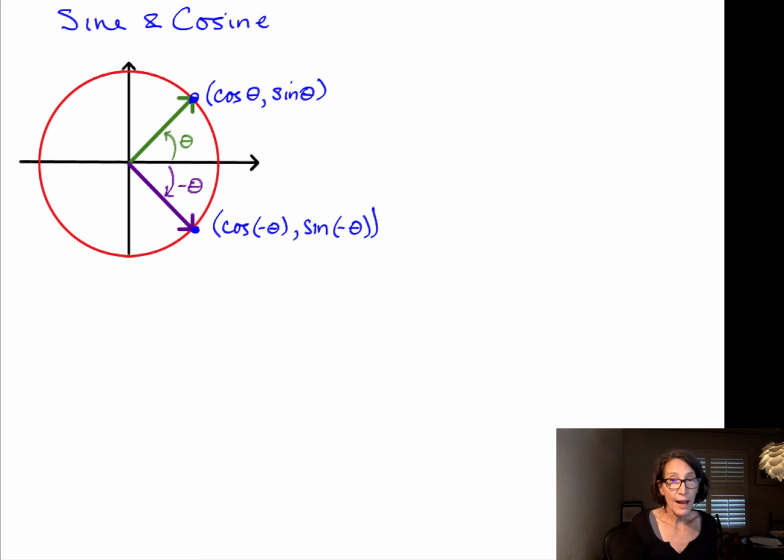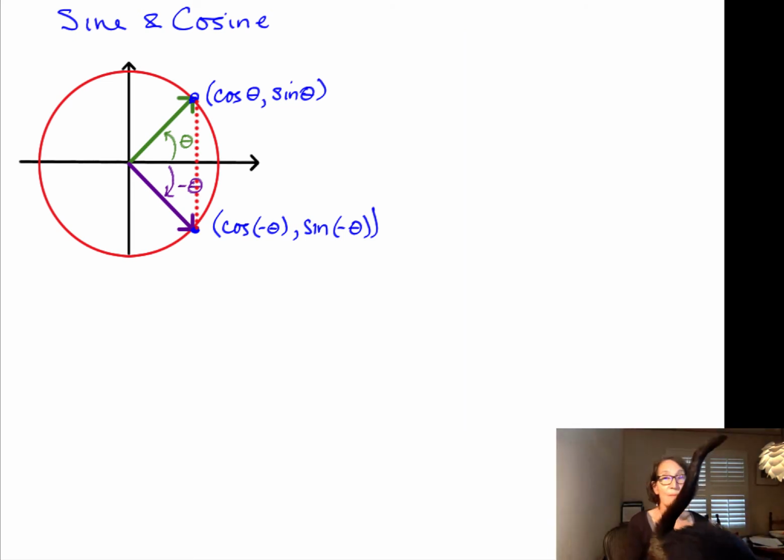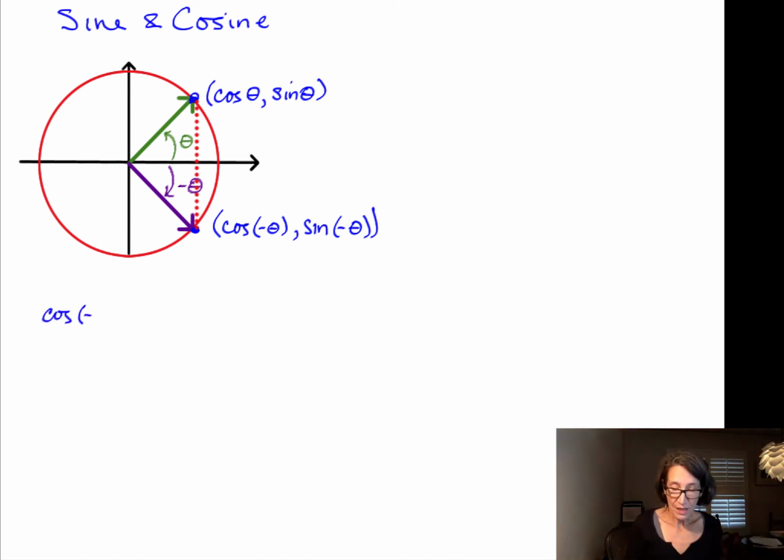Now let's look at the x coordinates of those two points. If you draw this vertical line from the top one down to the bottom one, you see that those two points have the same x coordinate. So this means that the cosine of negative theta is the same as the cosine of positive theta, and that just means that cosine is an even function.